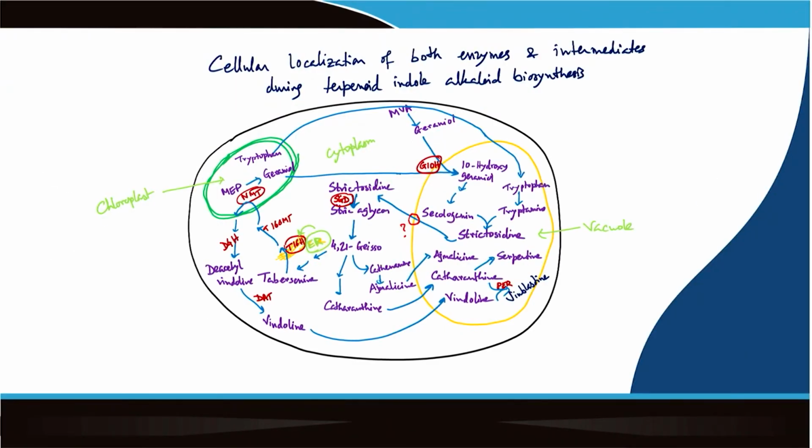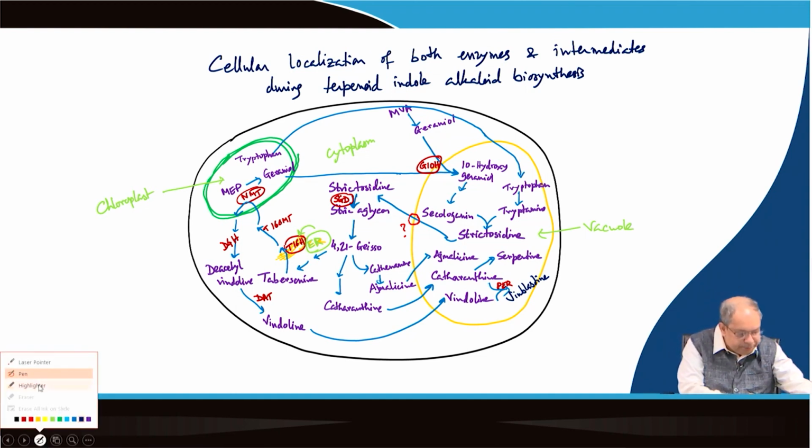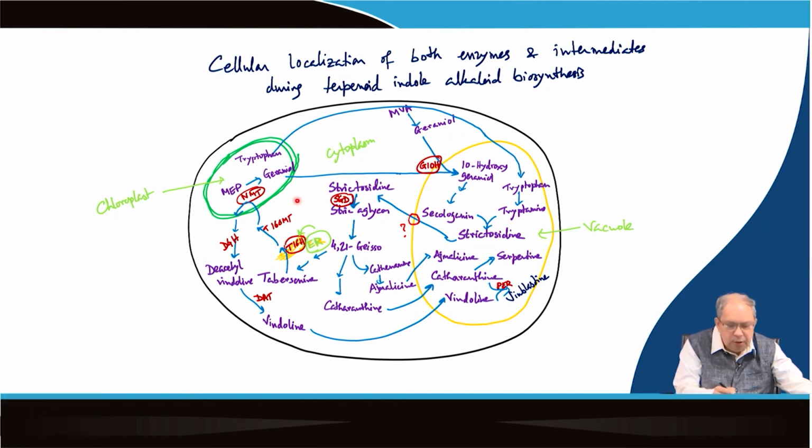I have briefly discussed the cellular localization of both the enzymes and intermediates involved in monoterpene indole alkaloid production, such as vindoline and catharanthine, as well as serpentine, ajmalicine and so on, and these two join together by the action of peroxidase and form vinblastine.